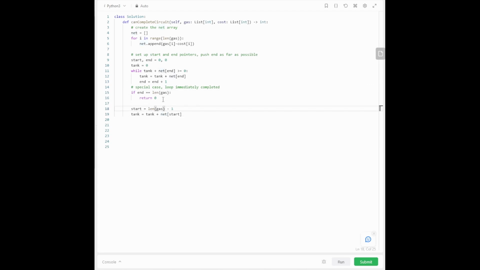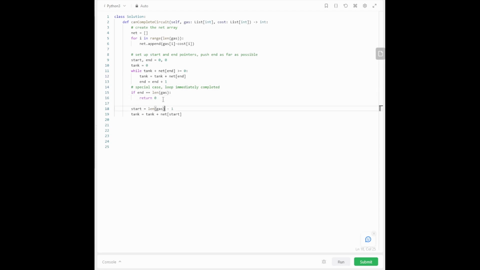The reason we do that is because we've already accounted for that first position, but now we move start backwards, and once we move start backwards, it's officially part of our route. End points at the potential next jump, so we push it after adding the tank, after adjusting the tank based on where we just jumped from, where we just drove through.